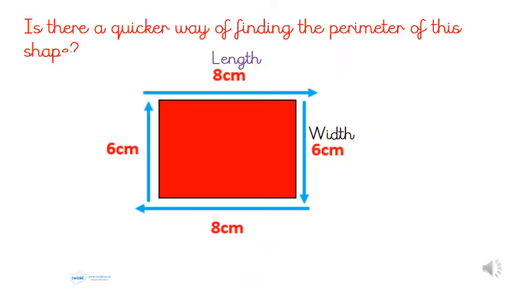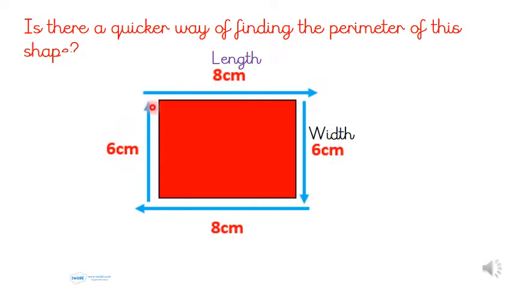So do you think there's a quicker way of finding the perimeter of this shape? Last time I went 8 centimetres, add 6 centimetres, add 8 centimetres, add 6 centimetres, which is quite long. So is there a quicker way of finding the perimeter of the shape? And so here we have to think about what we know about this shape.